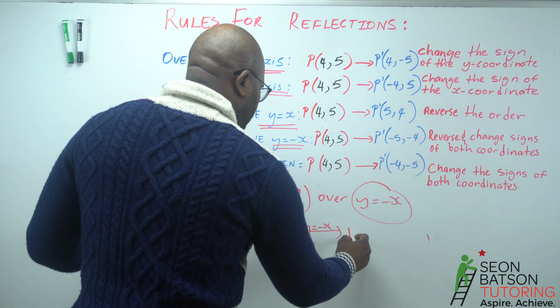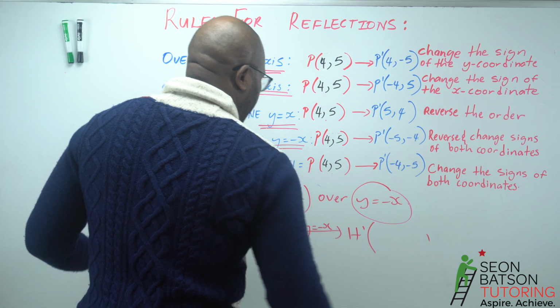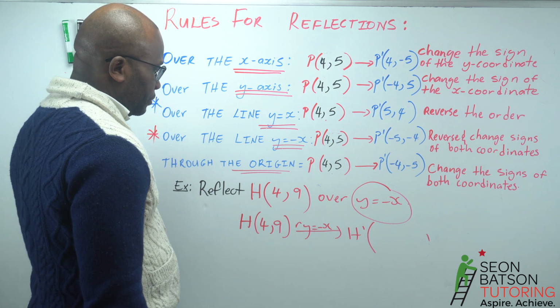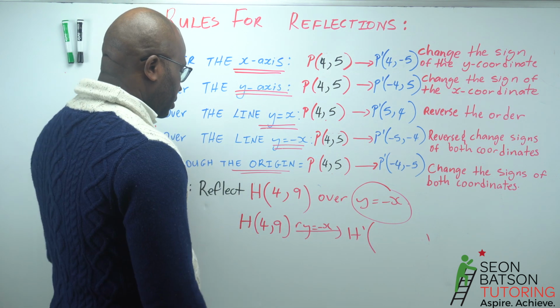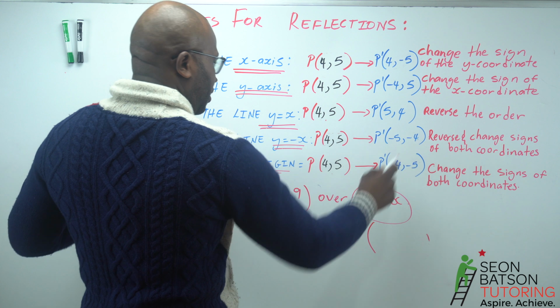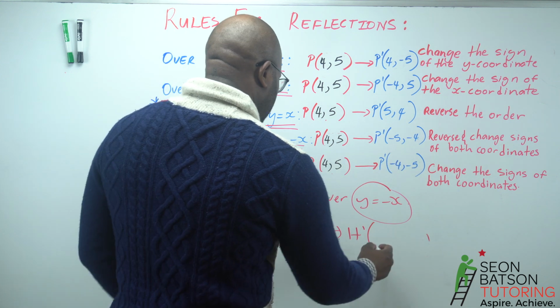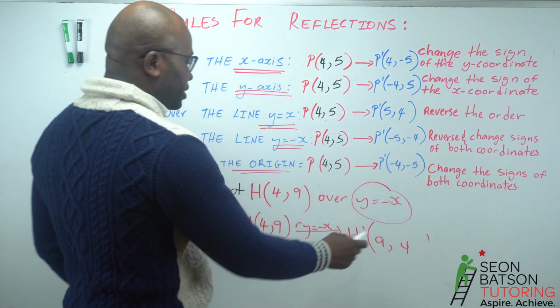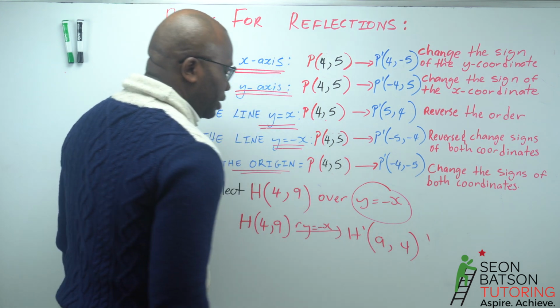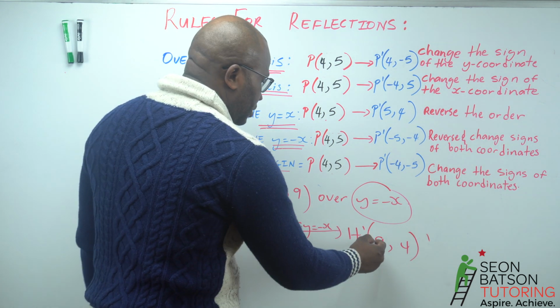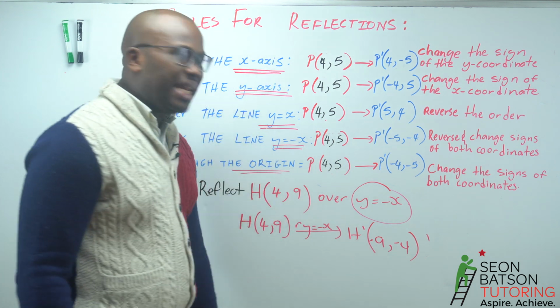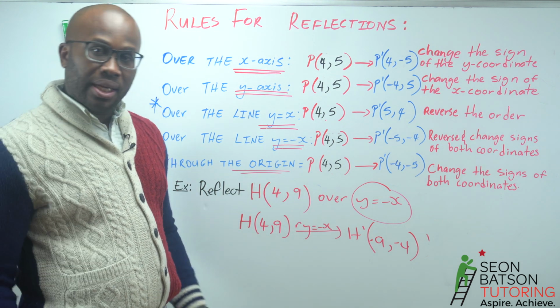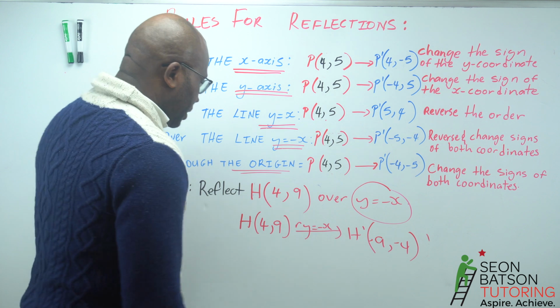So our H prime, our new point, becomes, we will first reverse the order. So the 9 comes first now. And change the sign of both coordinates. But both are positive. So they both become now negative. Yes? Make sense? That's it.